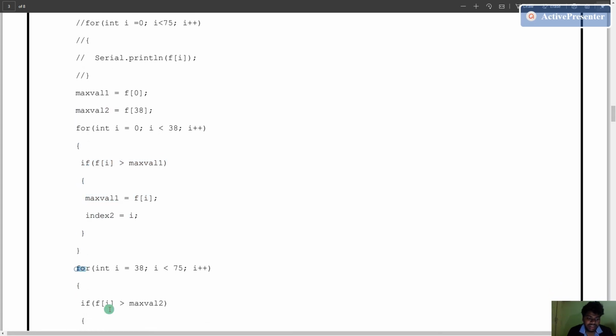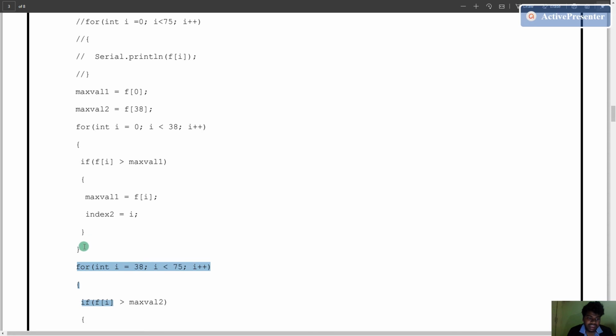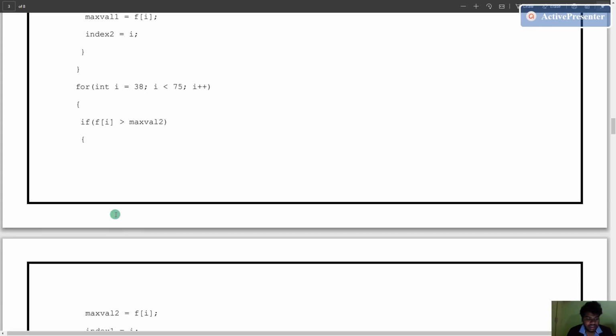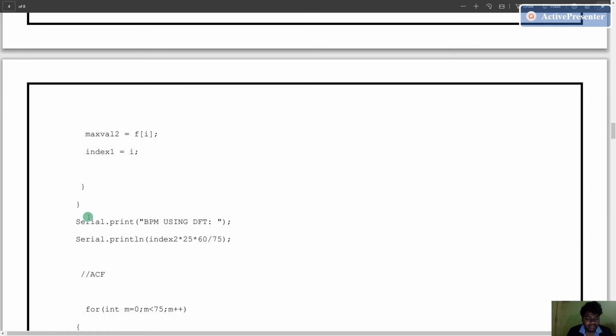But here the first maximum value is of our interest, so we store the index of the peak value in the index 2 variable, and then the beats per minute using DFT can be calculated as index 2 into 25 into 60 by 75. Here index 2 is the Kmax value of the original PPG signal in discrete Fourier domain.